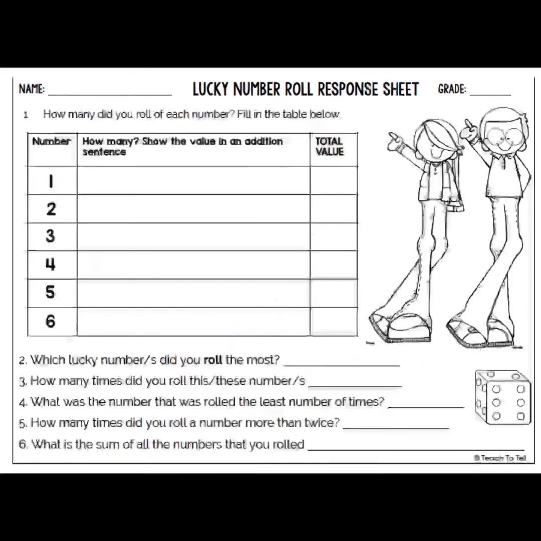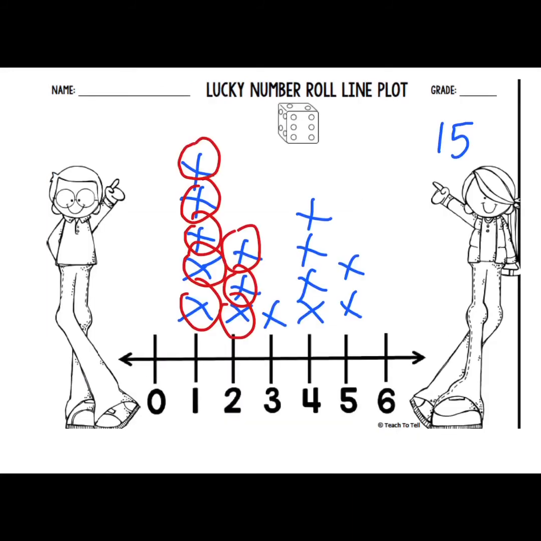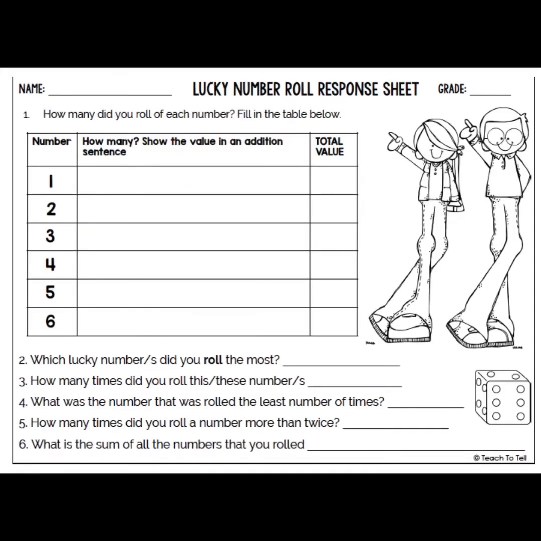So now I need to show the value in an addition sentence. So I need to look back. How many times did I roll the number 1? Well, I rolled the number 1, 2, 3, 4, 5 times. So I'm going to write 1 plus 1 plus 1 plus 1 plus 1. So I've rolled it 5 times.